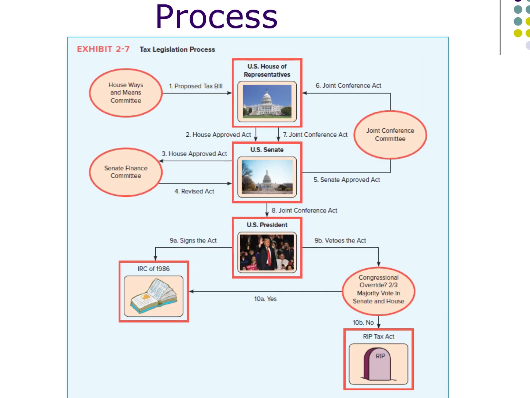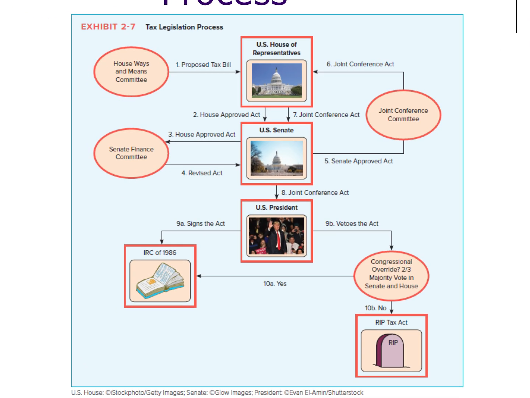All right. This again is directly from your book. It is the tax legislation process. It's important to know how tax laws begin. Well, they begin with a proposed tax bill in the House Ways and Means Committee. All right, and then there is a parallel bill that's also begun in the Senate Finance Committee.